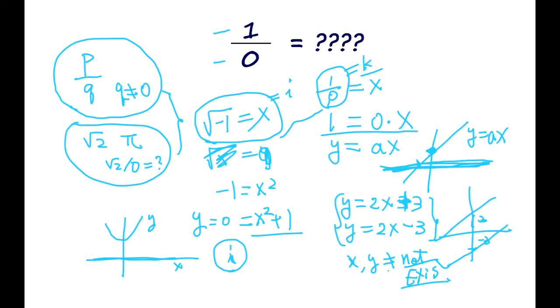This is very useful. So what happened is, this happened to be useful, but i is not a number.